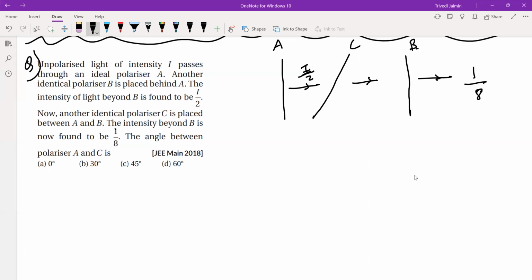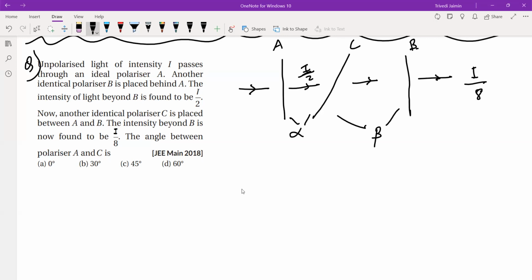It should be I, not 1. Let's take this angle as alpha and this angle as beta. So intensity I is flowing through it.